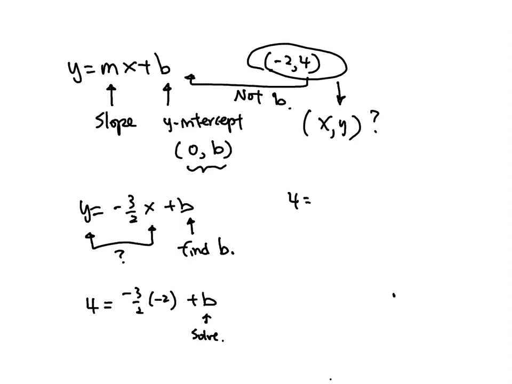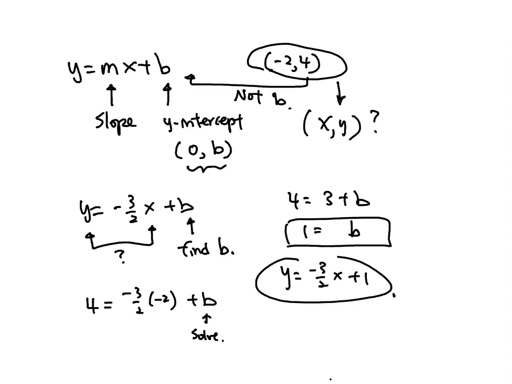That is a +3, plus b. So b equals 1. And once we figure out what b is, in this case 1, plug it back in. So we know y equals -3/2 x plus 1. And now we are done.